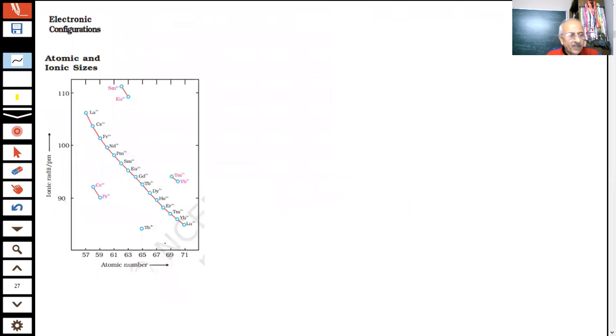Okay, students, electronic configuration question, we have answered this question very well. The electronic configuration question can be given. Student, write the electronic configuration. One question has been asked somewhere in the exam, student.